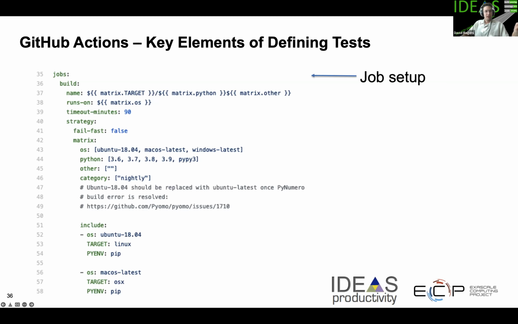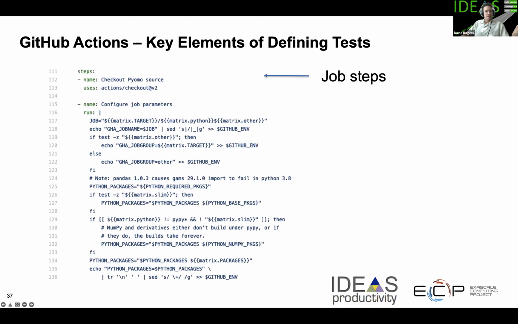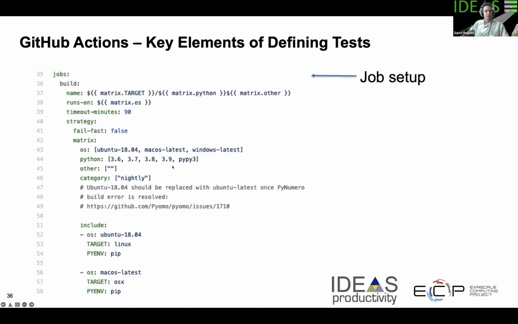I also want to point out that for these operating system versions, you'll find in the documentation which operating systems you're able to use. Here it's just a keyword, but later on there's a way to turn that keyword into the base image for the container that the tests are running in.